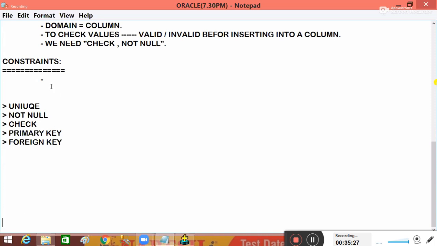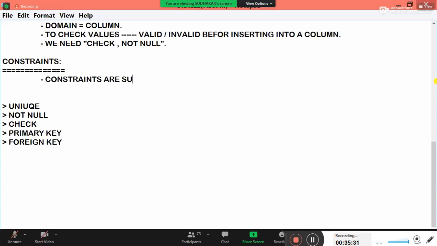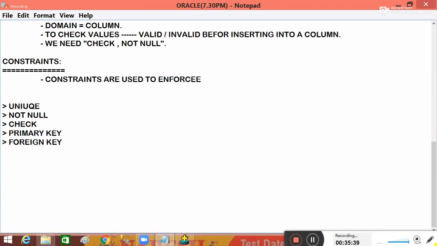These constraints are used to enforce or restrict invalid data into a table.